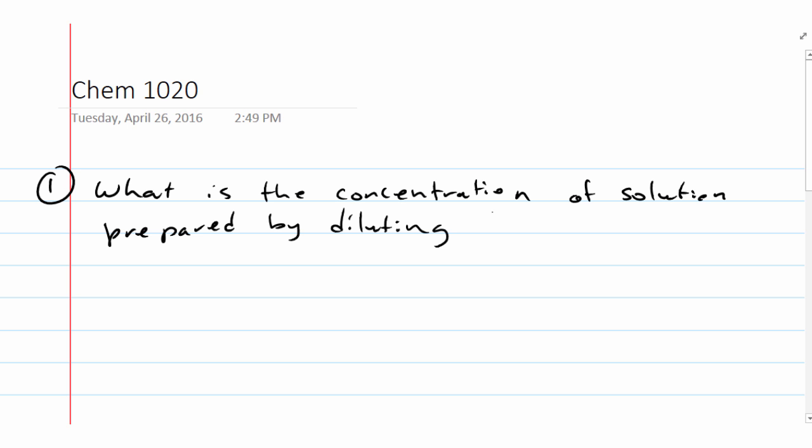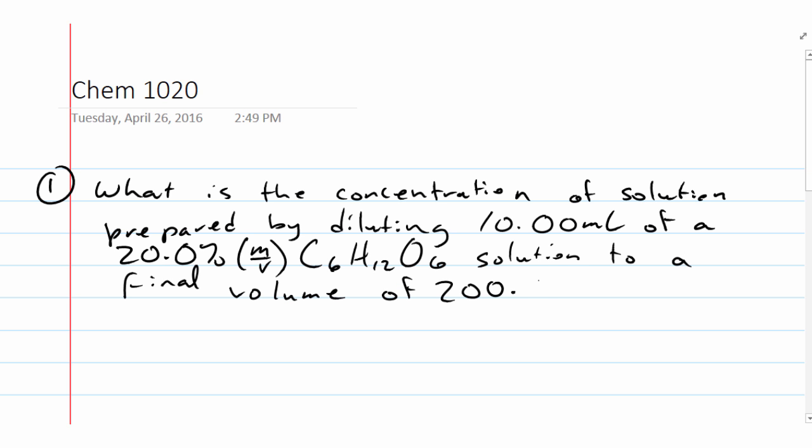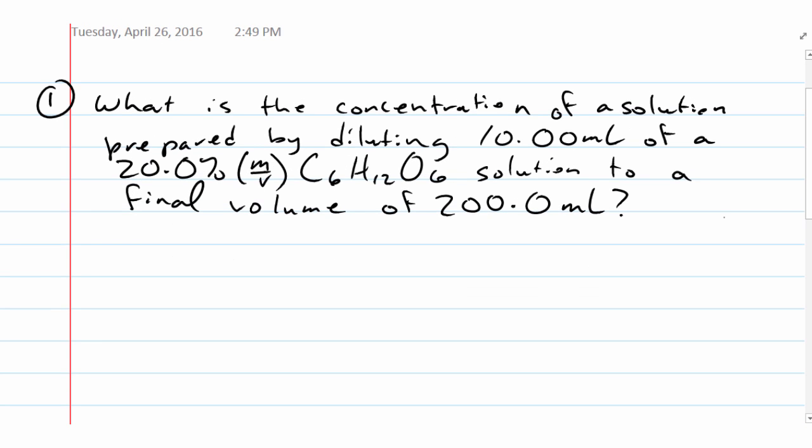We'd like to know what is the concentration of a solution prepared by diluting 10.00 milliliters of a 20.0% mass volume solution of glucose to a final volume of 200.0 milliliters.